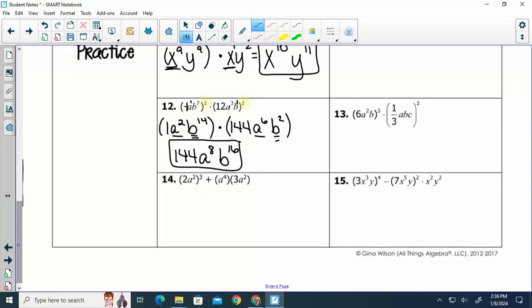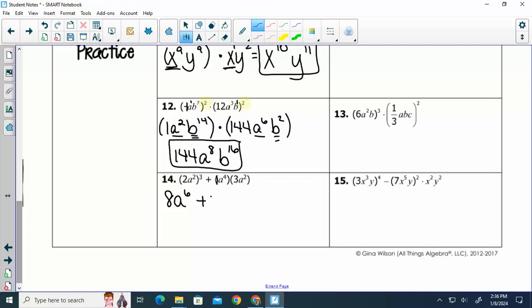Try number 14. So first I have to cube. What is 2 to the 3rd power? 8. A, 2 times 3 is 6. Okay, here I'm multiplying. So this is like a 1a to the 4th times a 3a squared.